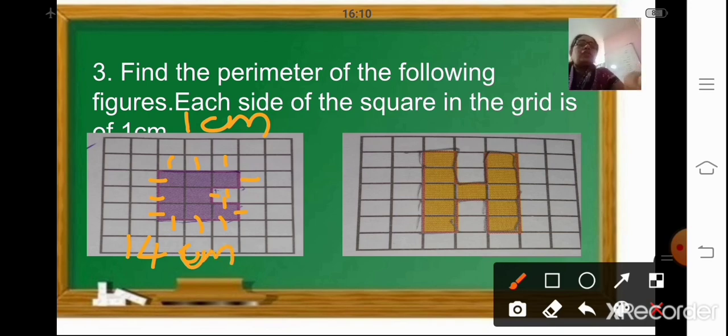So you just have to count the total squares, which is a closed figure here. Now coming to the second figure.